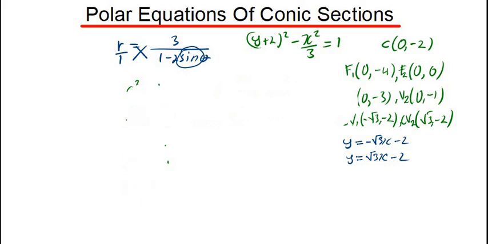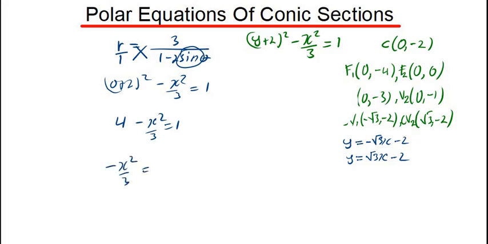If I want to find the x-intercepts, I'm going to set y equal to 0. So I'm just going to have 0 plus 2 squared minus x squared divided by 3 equals 1. So that's 4 minus x squared divided by 3 equals 1. This is more like minus x squared divided by 3 equals 1 minus 4, giving us minus x squared divided by 3 equals -3.